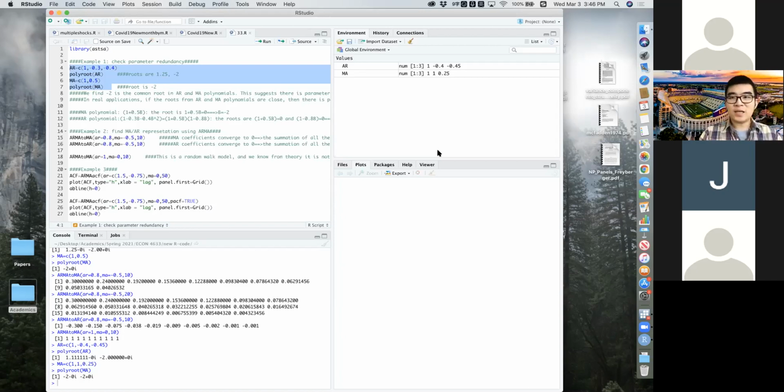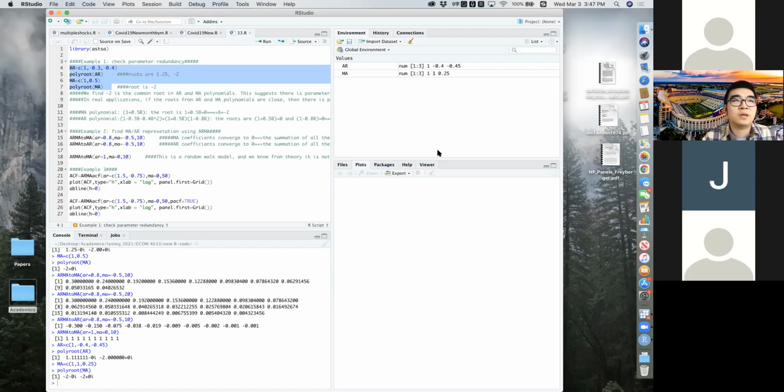The next question is which ARMA model we need to choose. The AR has some order, the MA has some order, but which orders do we want to choose? If I have a raw data set, what ARMA model do I want to use?